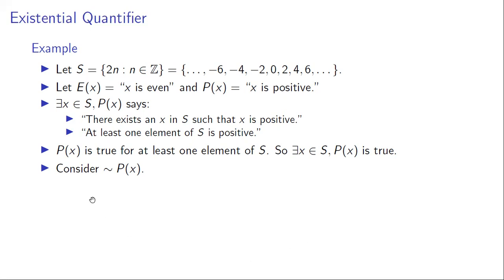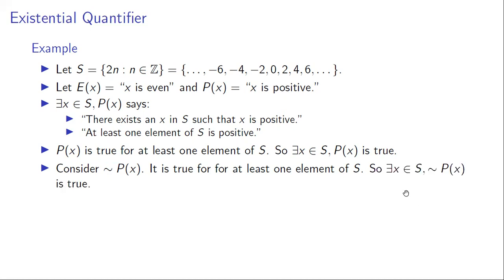Is it true for at least one element of S that the element is not positive? It is true for at least one element of S because, for example, -6 is not positive. Therefore, this statement is true. There exists an X in S such that not P of X. There exists an X in S that is not positive.